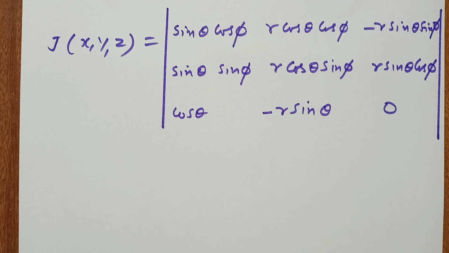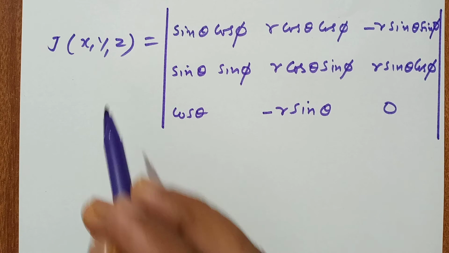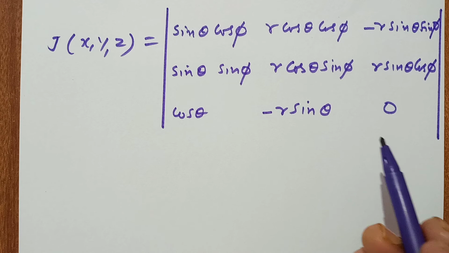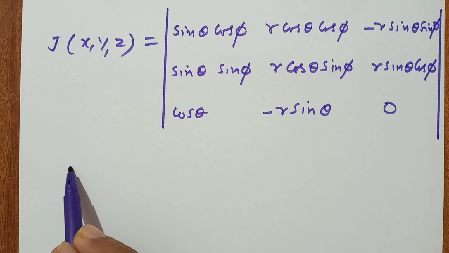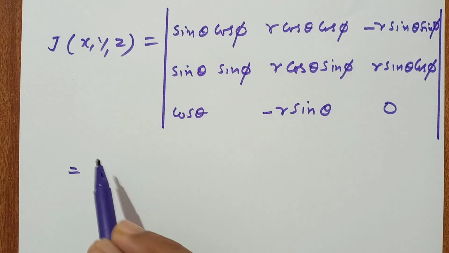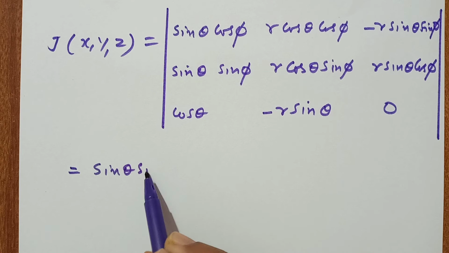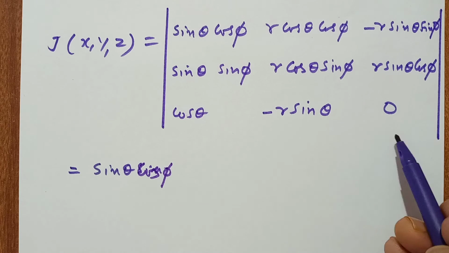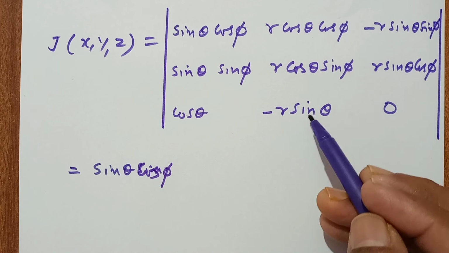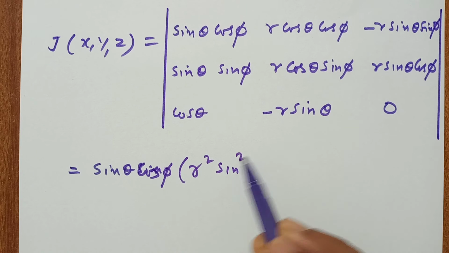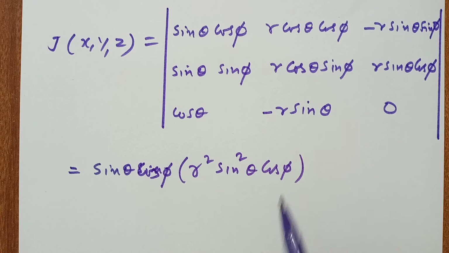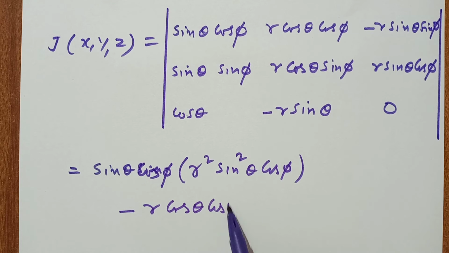So we have J xyz is equal to this thing. By solving, this is a simple determinant of 3 cross 3 order. Okay, so this is equal to sine theta sine phi, sine theta cos phi, and this is 0 into minus, minus, plus r square sine square theta cos phi, minus r cos theta cos phi.